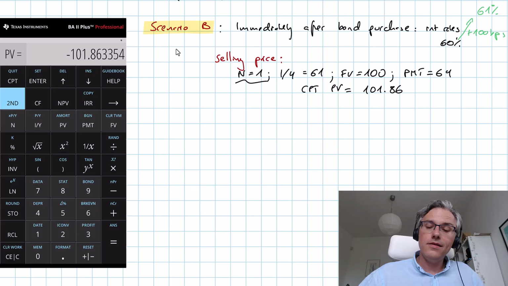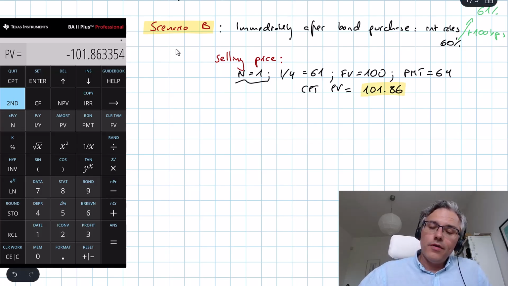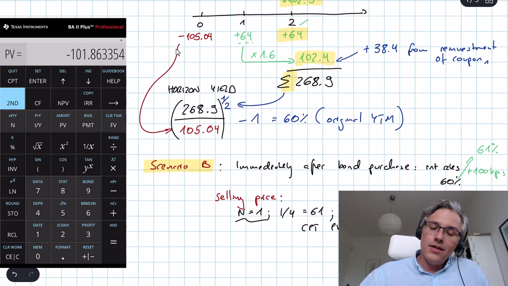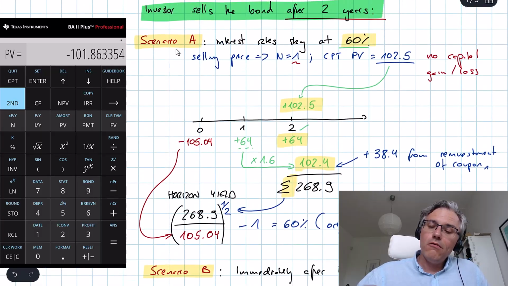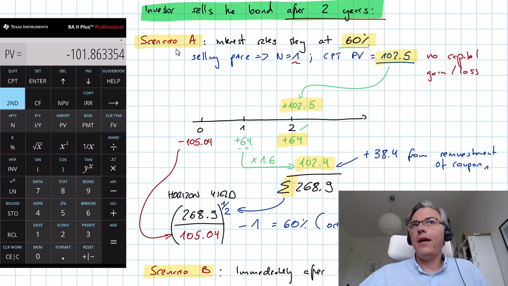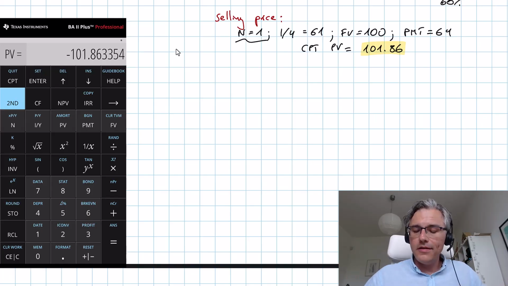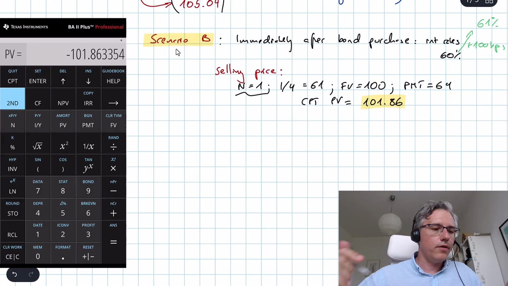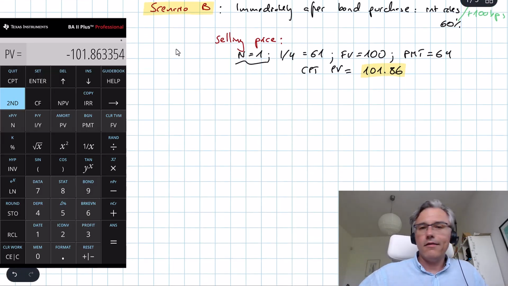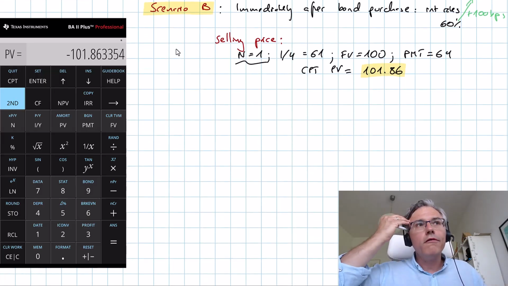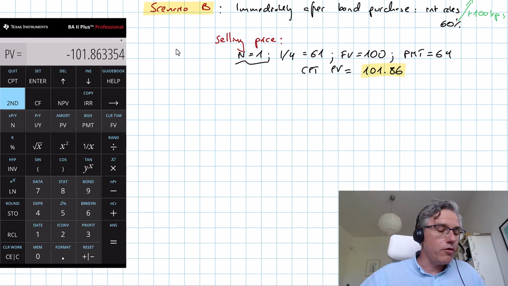Now that is a selling price which is definitely lower than the price I would have had if I sold with yields staying at 60%. That's to be expected. Bond prices and yields move in opposite directions. So yields up, bond price down, relative to what it would be if it were not for that rise.